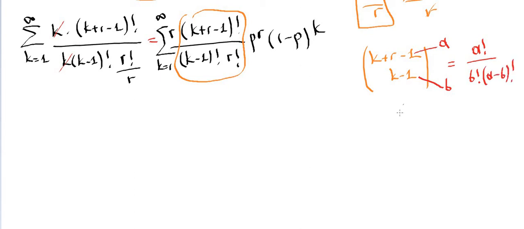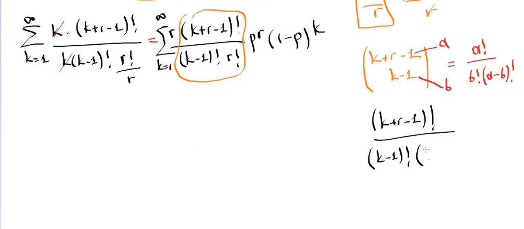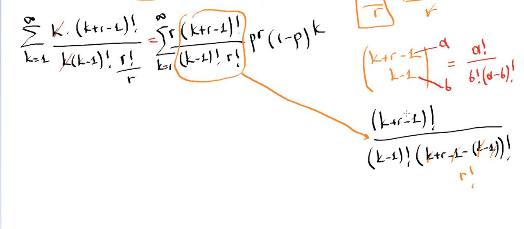Let's see if it is. So k plus r minus 1 factorial over b factorial, which is k minus 1 factorial, times a minus b, which is k plus r minus 1 minus k minus 1 factorial. And this k and negative 1 cancel here, so we are left with r factorial. And this is exactly the same as this. So instead of this expression, we can use this expression.